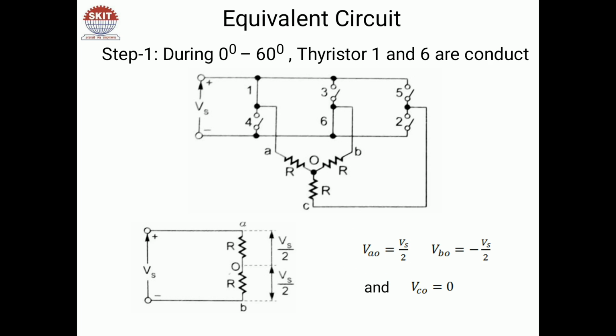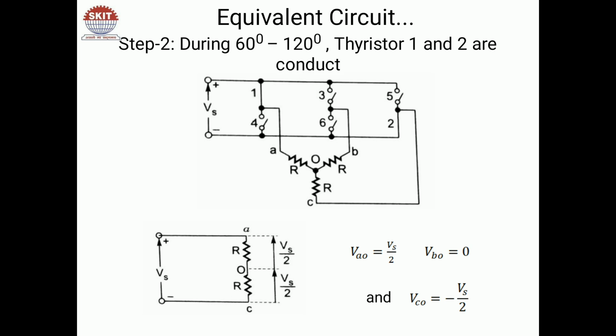VB0 is minus Vs by 2, because the polarity of VB0 is opposite, so this is negative. And VC0 is 0, because no SCR conducts from leg C. So this is step 1.